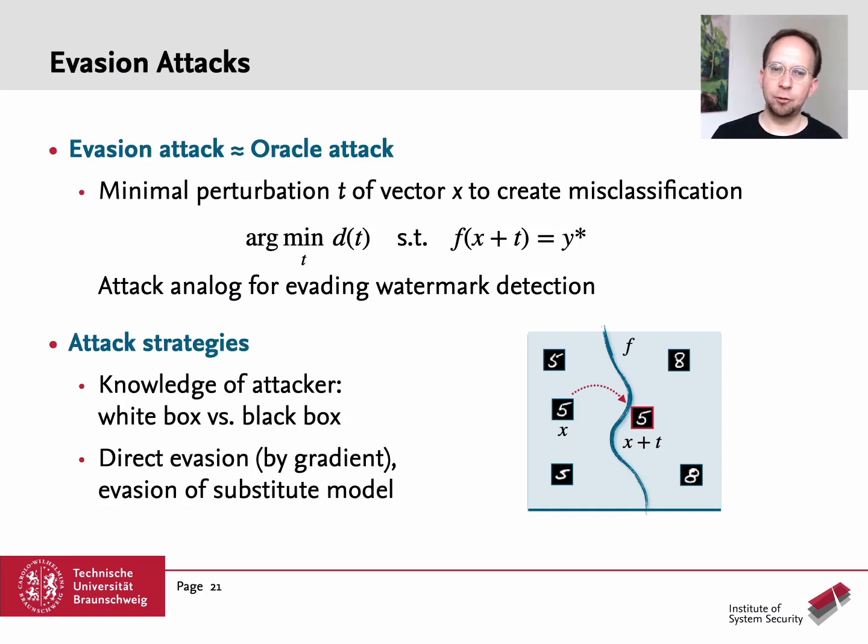And in the case of adversarial examples or evasion attacks, we want to move it, but at the same time not change a lot of the visual appearance or of the content. And this is why here in the example, I'm moving the 5 to the wrong side. Now it becomes classified as an 8, but it still stays visually a 5.